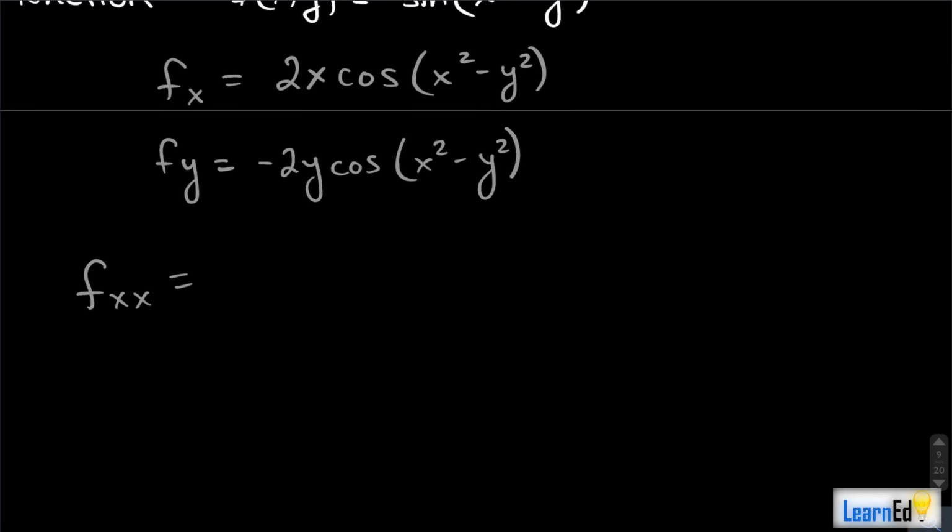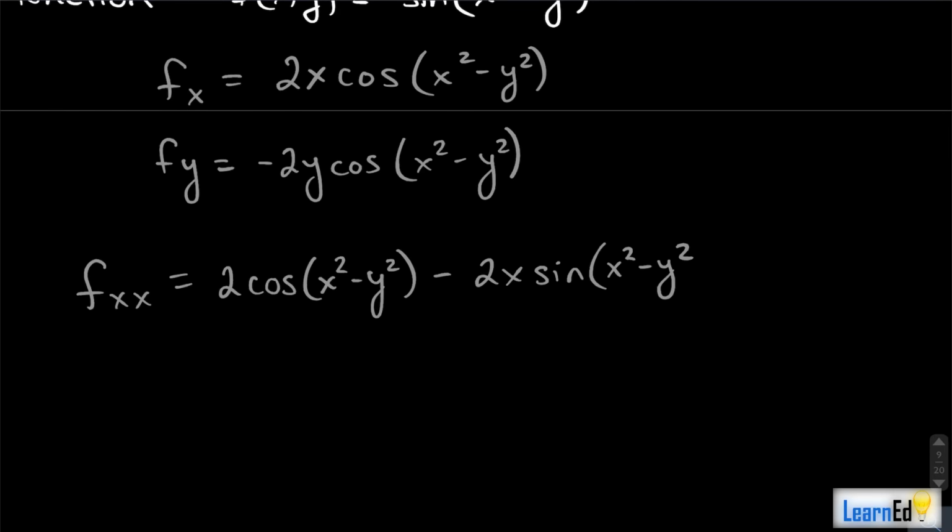First, we take the derivative of the 2x and drag along the cosine, so we get 2 cosine of x squared minus y squared. Then we have the derivative of the cosine of x squared minus y squared times 2x. The derivative of cosine of x squared minus y squared is negative 2x sine of x squared minus y squared.